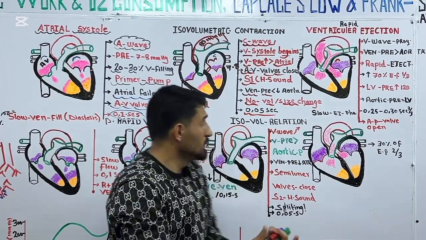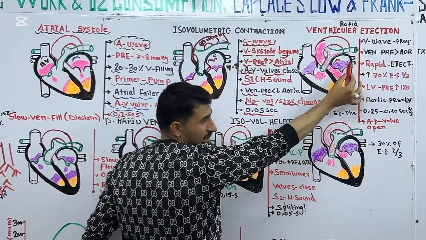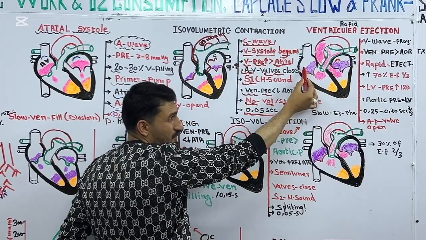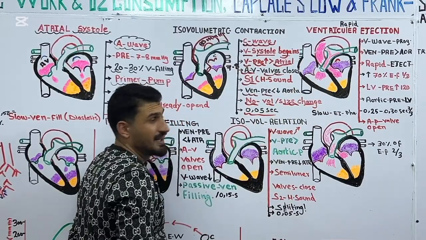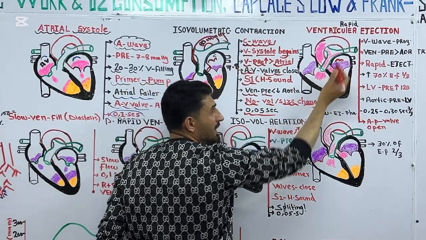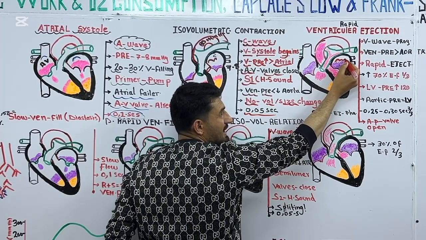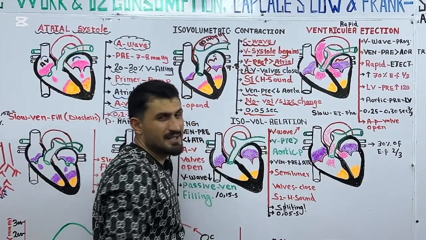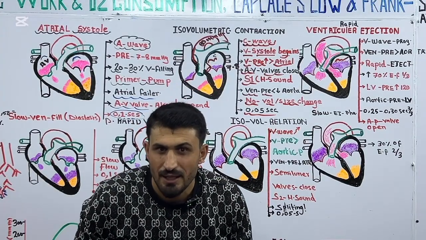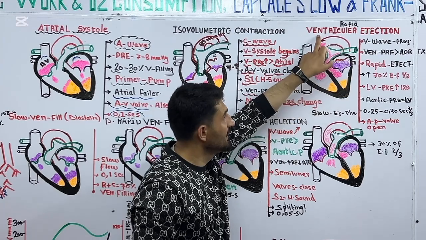To the left atrium, blood is coming from the pulmonary circulation. To the right atrium, blood is coming from systemic circulation. This accumulation of blood causes production of a slow rising wave, and this is called the V wave. So in atria we will produce the V wave in this phase.